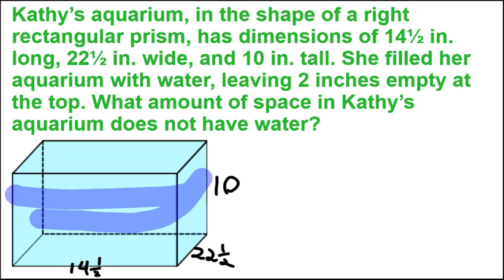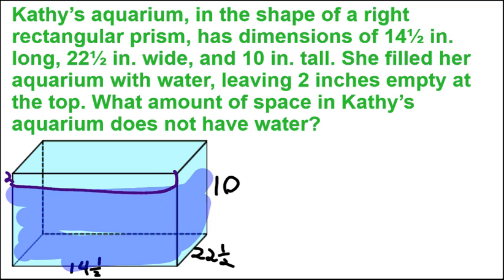So we got our water, kind of filling it up. What we left, like I said, was 2 inches. All right. This is asking us for the empty space. So since it's asking for the empty space, we're basically looking at the volume of just this little piece right here.